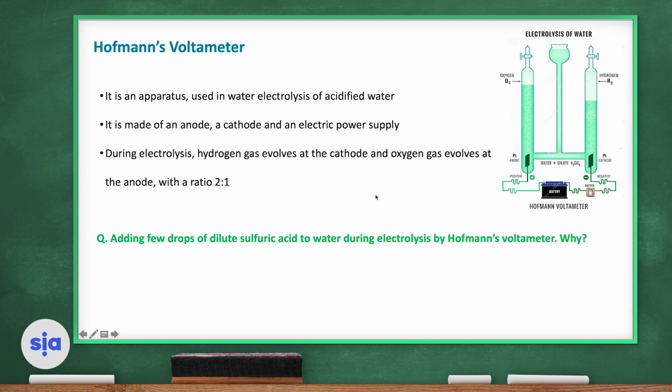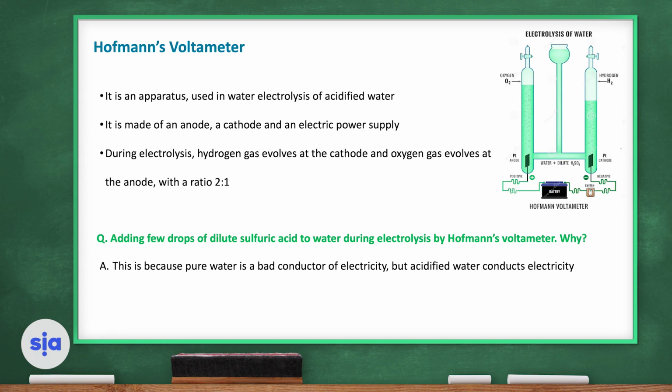If you notice, we used acidified water in Hofmann's voltameter for electrolysis. This means that we add a few drops of diluted sulfuric acid to the water during electrolysis. But why? This is simply because water is a bad conductor of electricity.